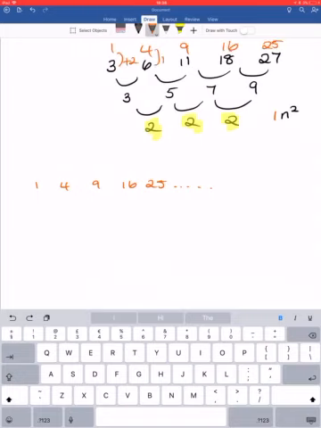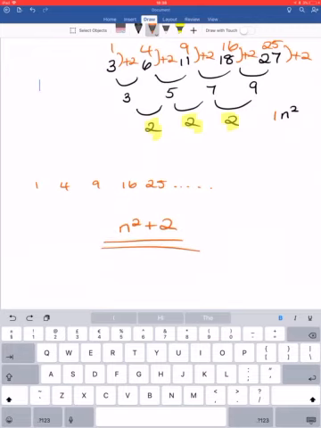And my sequence is 2 more than the square numbers. So it must be n squared plus 2. That's my nth term.